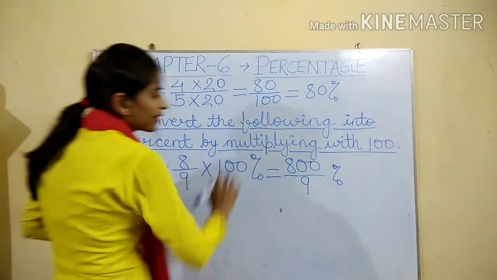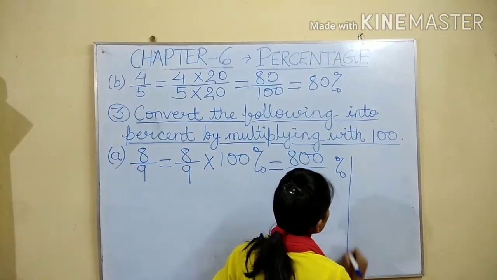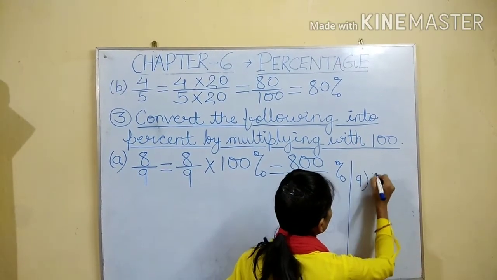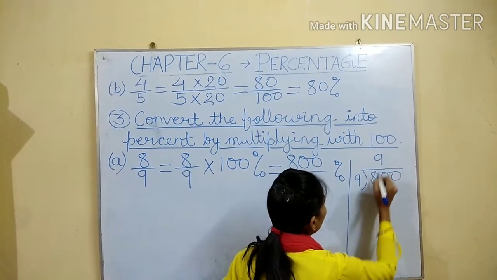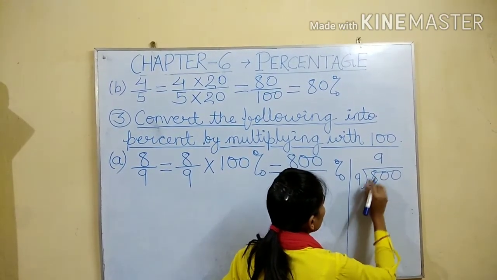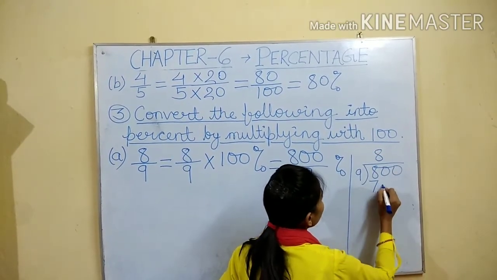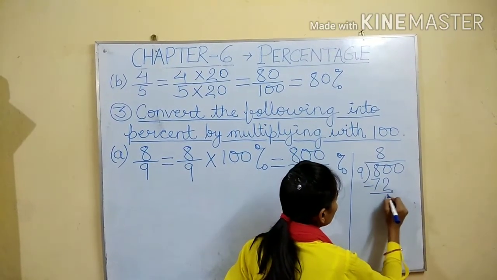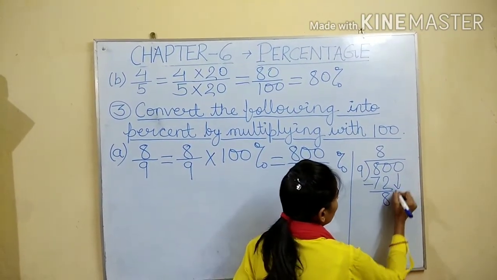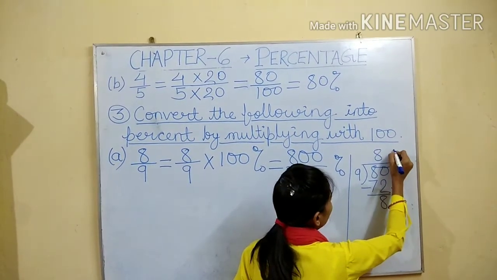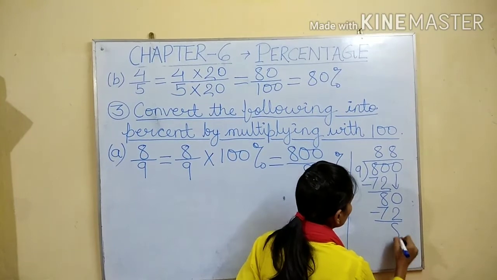Now this 800 you divide by 9. So let us divide. 9 8s are 72. Remainder 8. Again, 9 8s are 72.